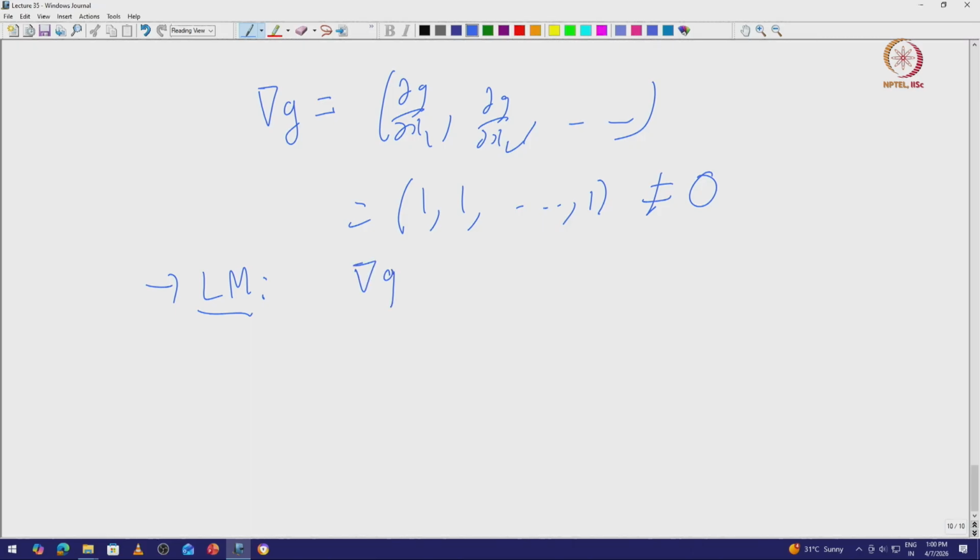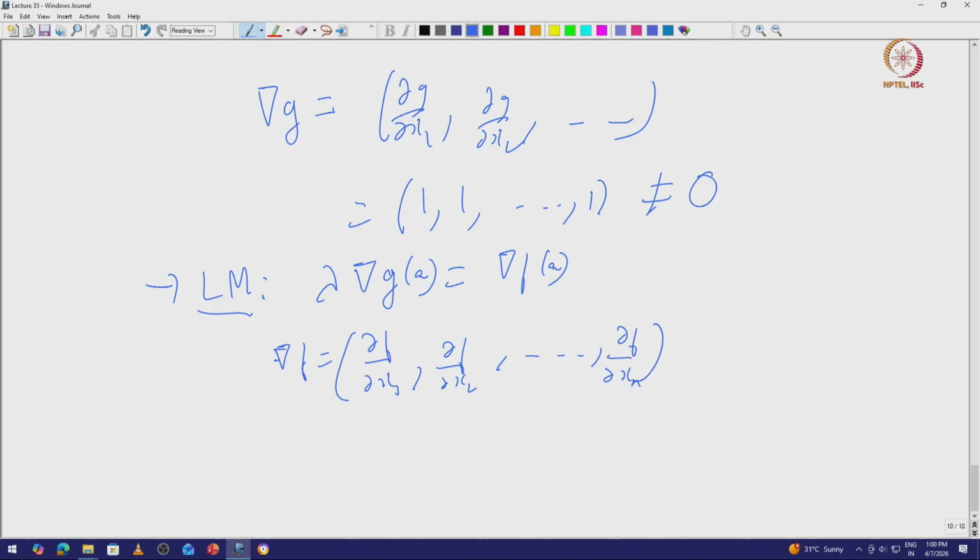Lagrange's multipliers would say that gradient of g of a times lambda is gradient of f of a. Right. What is gradient of f again? It's df dx1, df dx2, and so on, df dxn, right? So what is df dx1? It is x2 until xn. What's df dx2?